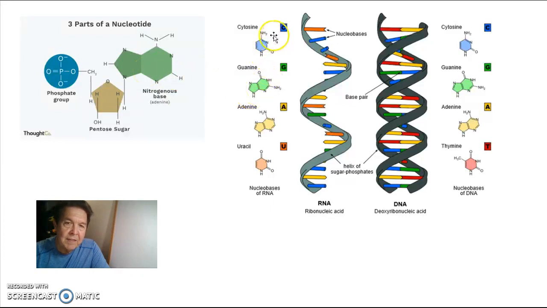The nitrogen bases in RNA are cytosine, guanine, adenine, and uracil, while in DNA they are cytosine, guanine, adenine, and thymine. The difference here is uracil versus thymine. RNA is single strand while DNA is double strand. The sugar in RNA is ribose while the sugar in DNA is deoxyribose.